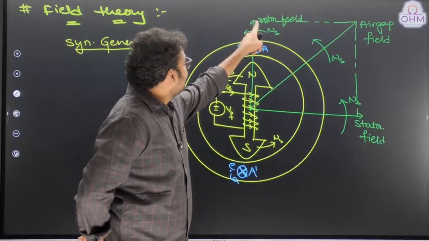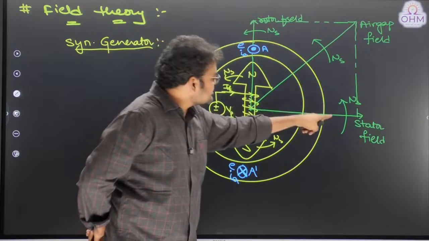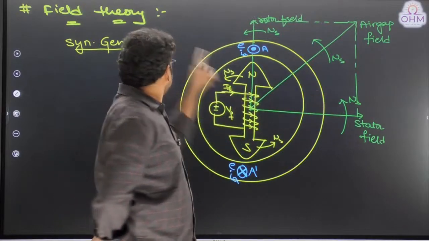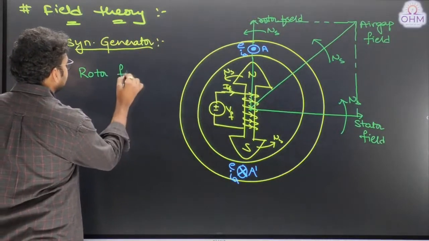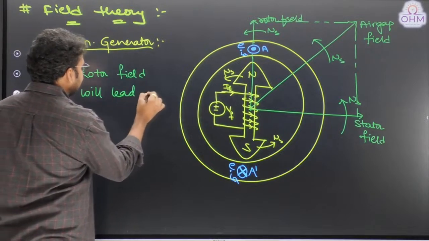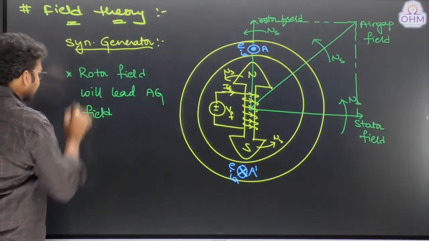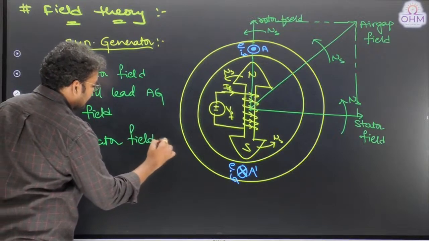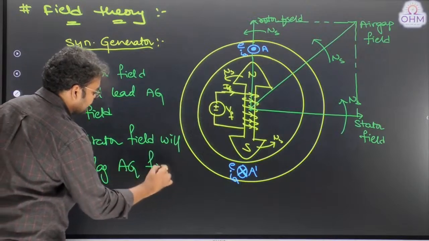Is it not rotor field leading air gap field in the direction of rotation, and stator field is following air gap field, that means lagging? Yes. So in a synchronous generator, rotor field will lead air gap field, and stator field will lag air gap field.